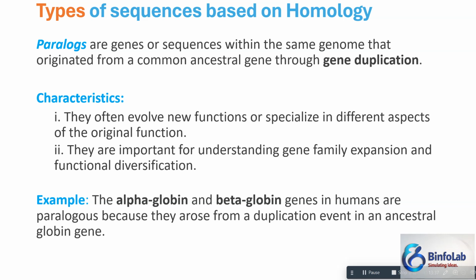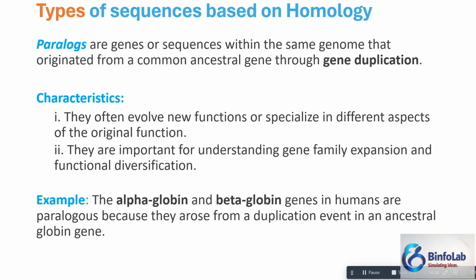And the second one is that they are important for understanding gene families, expansion, and functional diversification, like how genes are expanding, how genes, with the passage of time, are making new functions, adopting new functions, or specializing new functions.